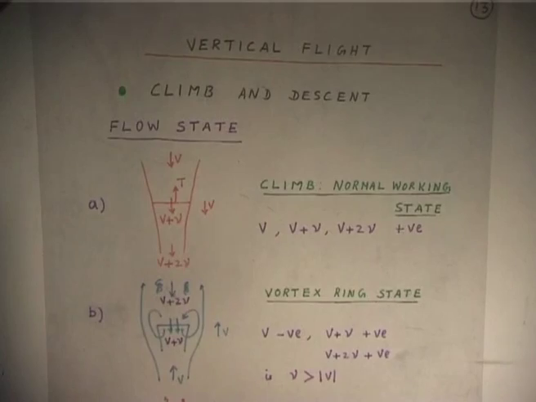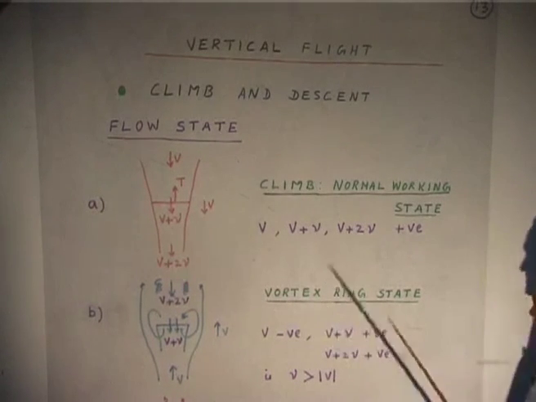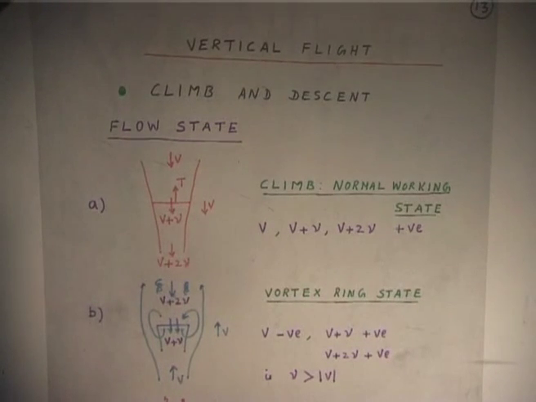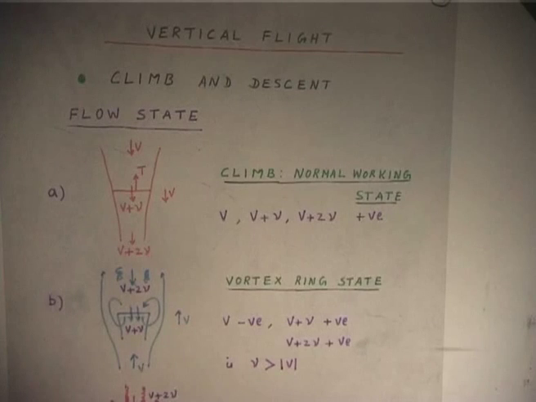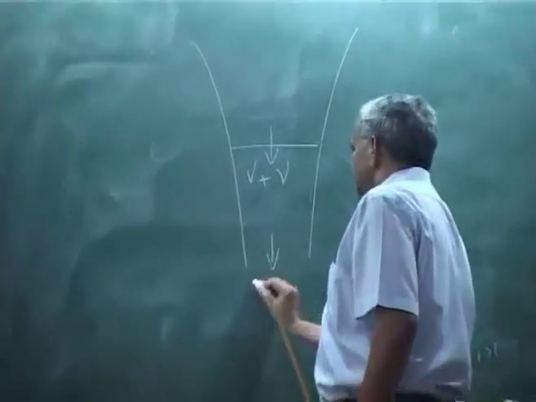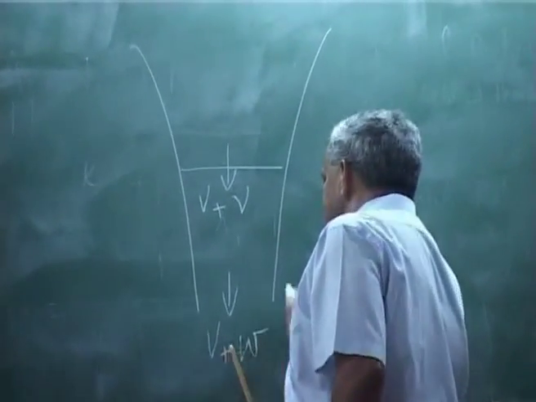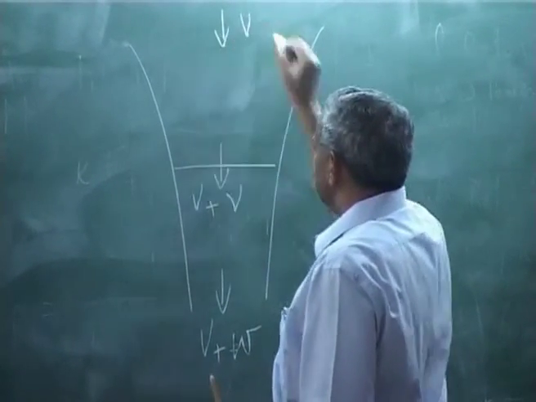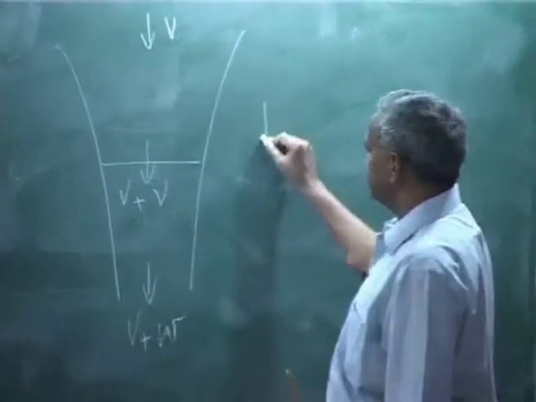I put v plus 2 nu, but then we will prove that that is actually 2 nu, because v plus w you will write, it is like this. So here it is v plus w, this is v.